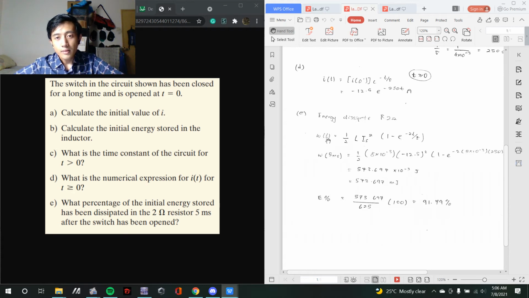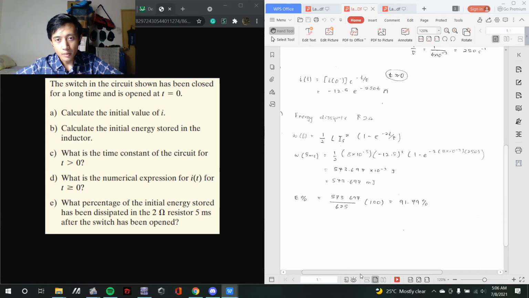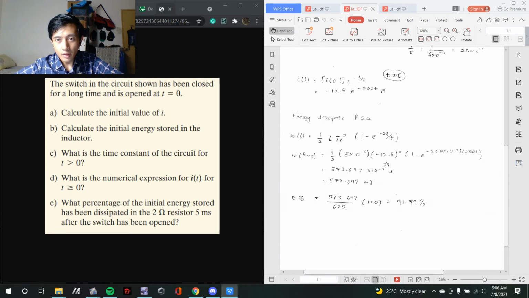So t will be 5 milliseconds, which means that the energy dissipated after 5 milliseconds will be 573.697 millijoule. So that is the energy dissipated by the inductor after 5 milliseconds when the switch has been opened.